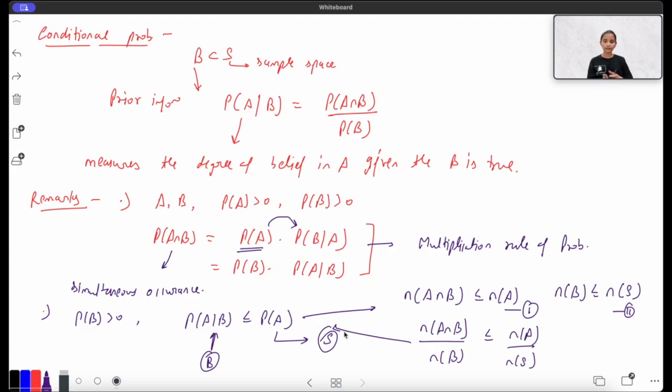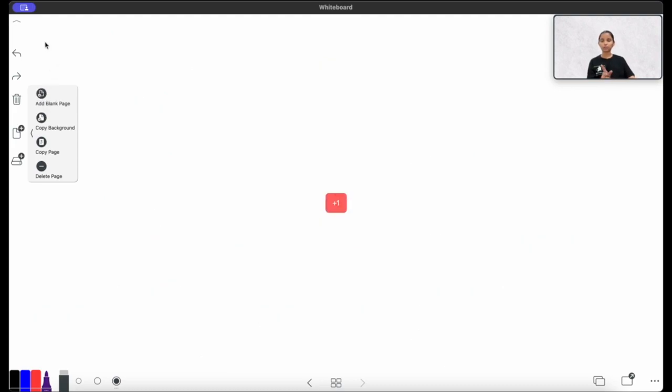Yes, we can generalize this result for n number of events. Here we have just found this out for two events. I'm sorry if I'm repeating. So let's say you have A1 intersection A2 going on till intersection AK. We are generalizing the multiplication rule of probability.